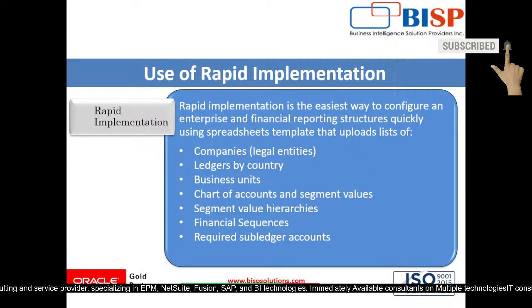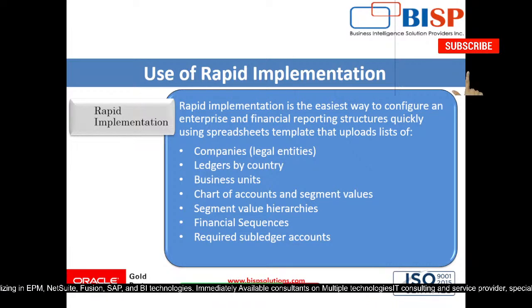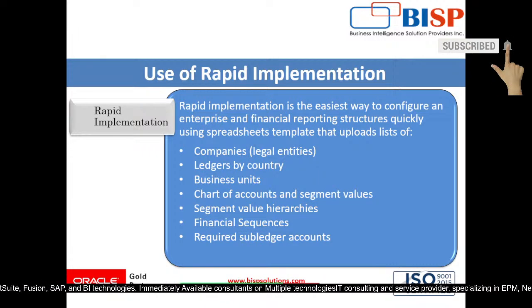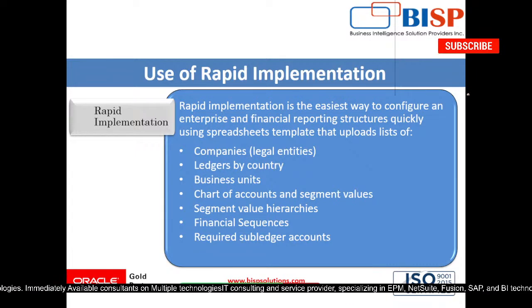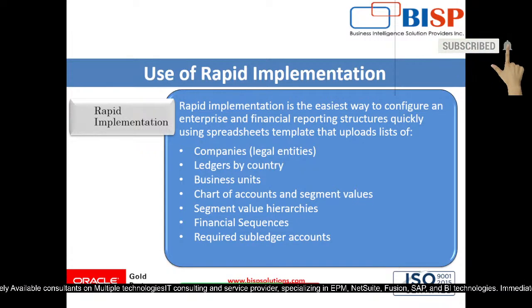Using the spreadsheet template, we upload the details of the company, ledger by the country, business unit, charts of account, segment value hierarchies, financial segments, and the subledger accounts required. So this is the rapid implementation.